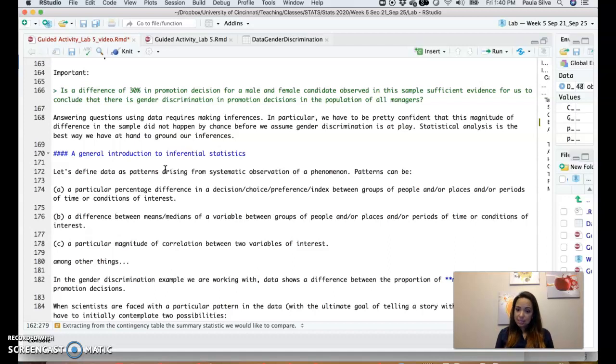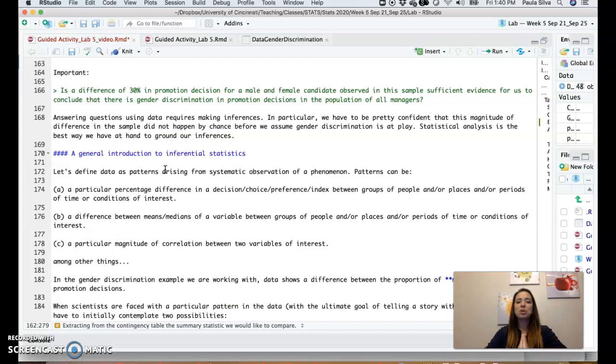We ended the slideshow with the following question. Is a difference of 30% in promotion decisions for a male and female candidate observed in the sample sufficient evidence, because it was observed in the sample? We only looked at decisions made by 48 supervisors, randomly assigned in 2 groups.